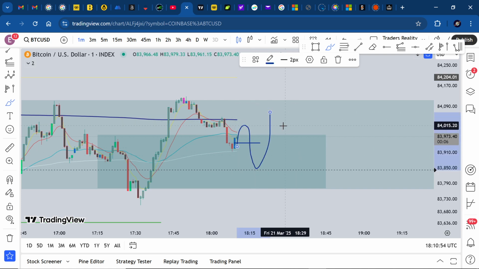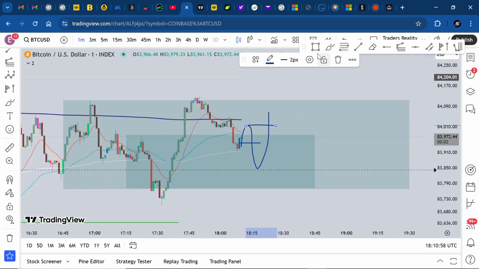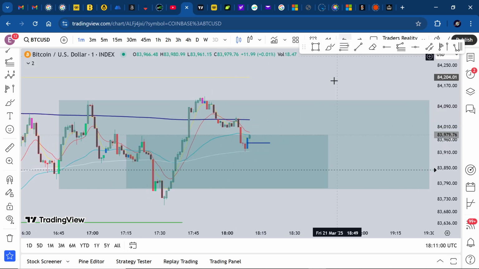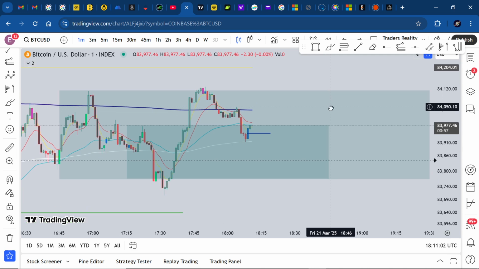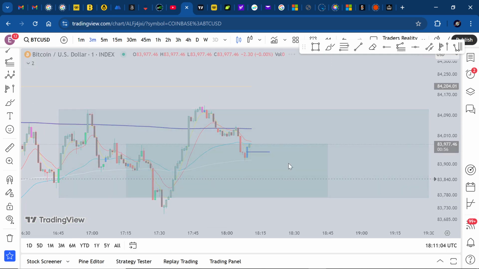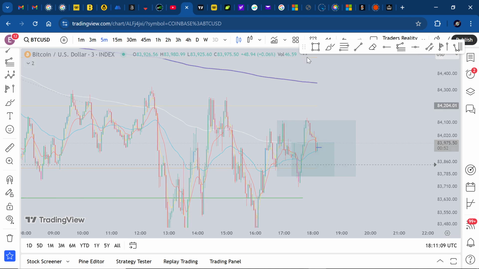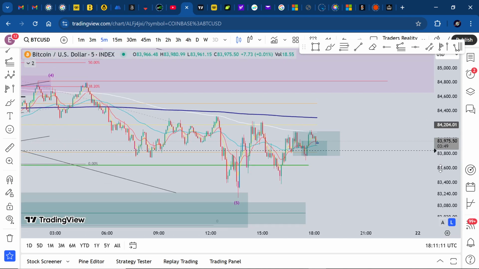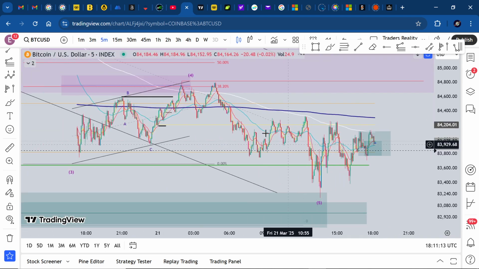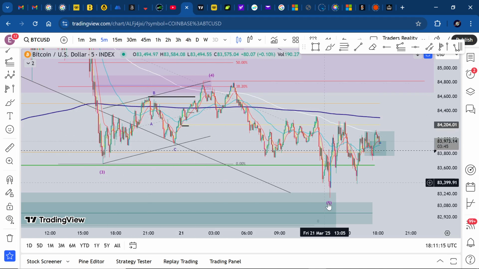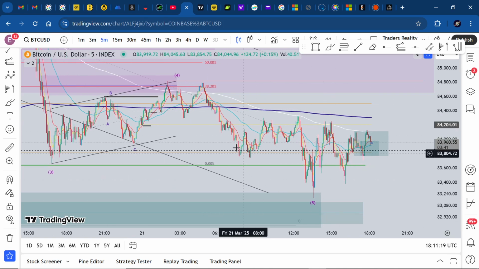Okay, so that's the setup. I'll explain a little bit of why. First of all, I've got a 1, 2, 3, 4, 5 to the downside, complete.